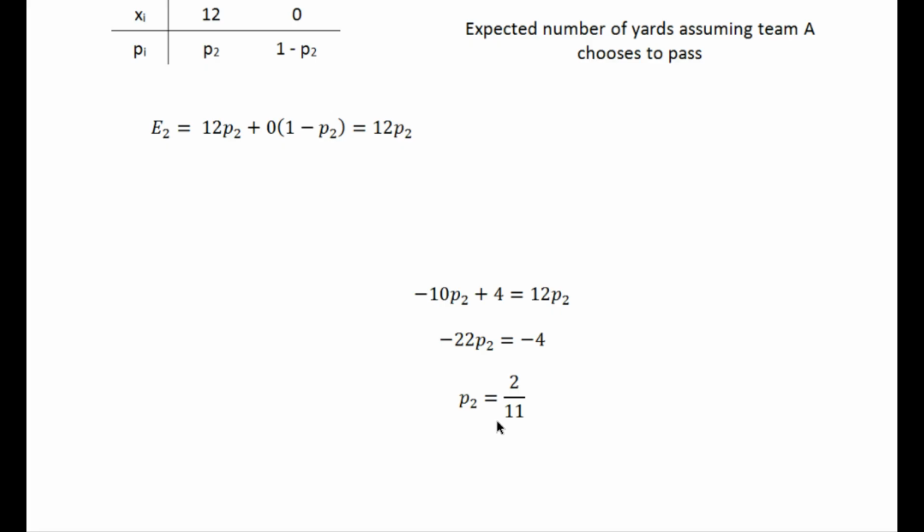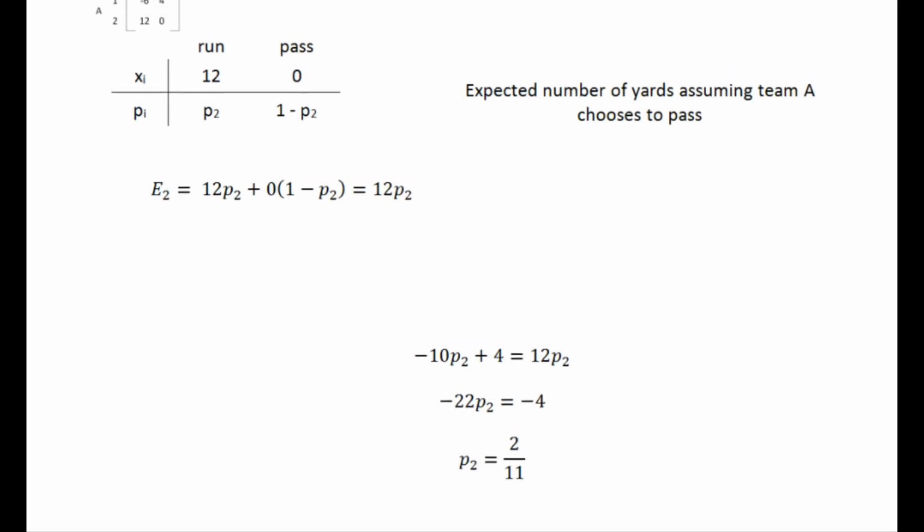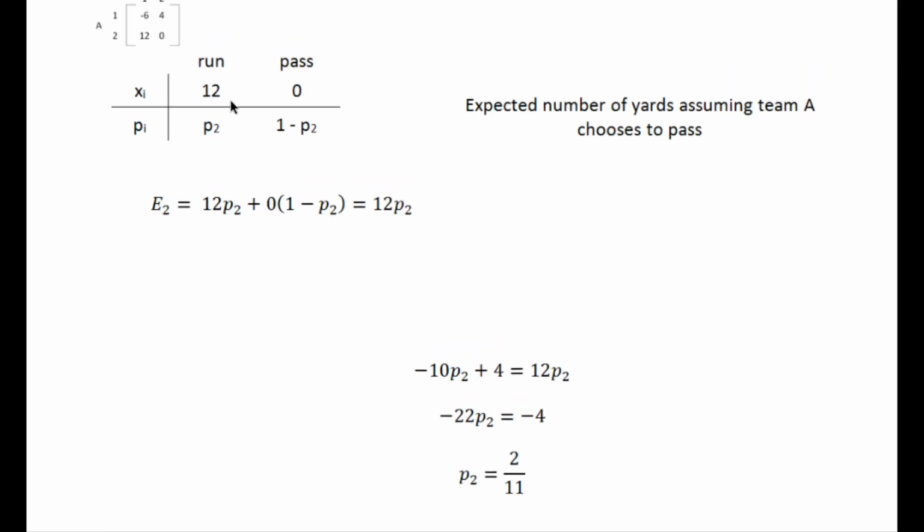What that tells us is that Team B should choose a run defense 2/11 of the time. We know that P2 stands for run defense because that's what we've been referring to it as. If Team B were to run 11 plays, they should pick 2 of them to be run defense and 9 of them to be pass defense.